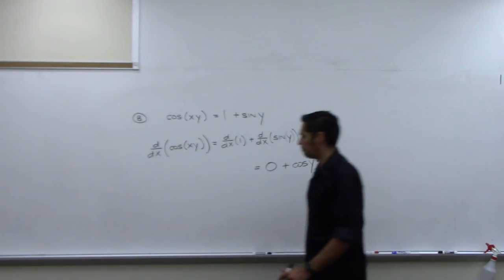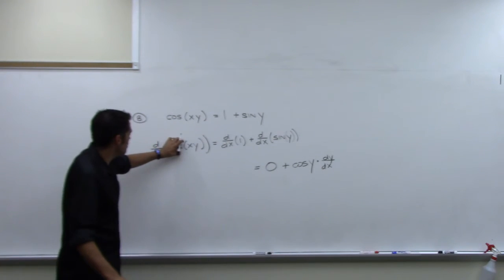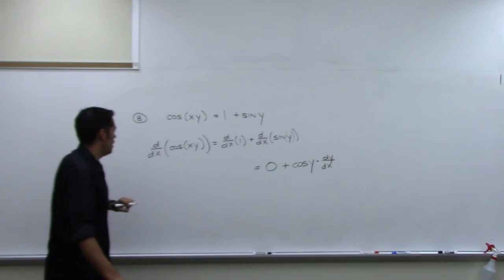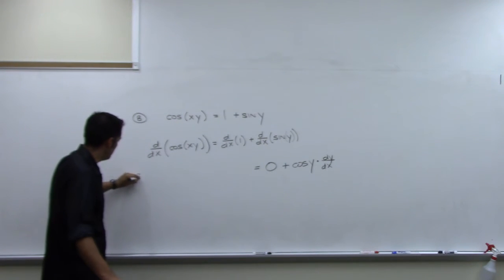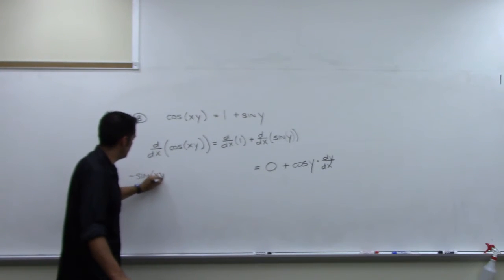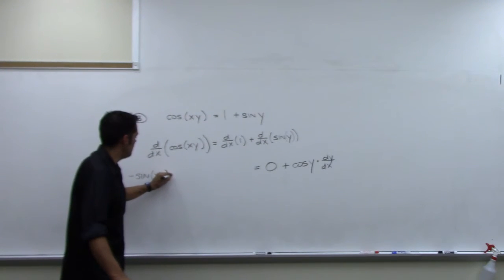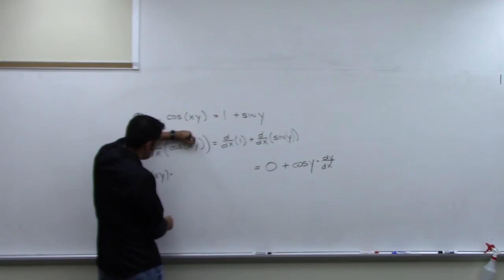Now the left side is a little bit trickier because you're trying to take the derivative of cosine of a product. So first, what's the derivative of cosine of something? Well, it's negative sine of the something. And the something for us is xy. Chain rule says times the derivative of what was in here. Well, there you have a product rule.